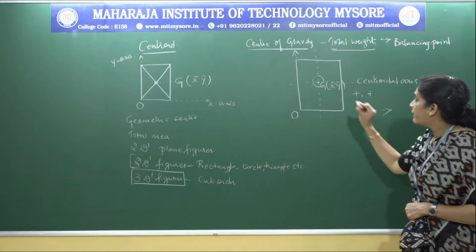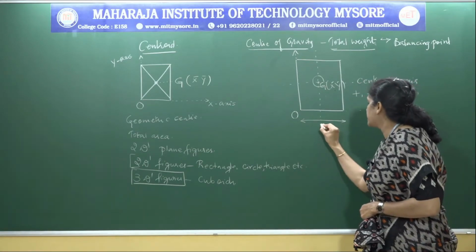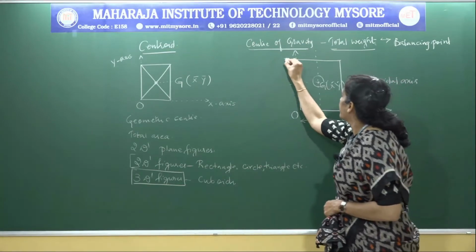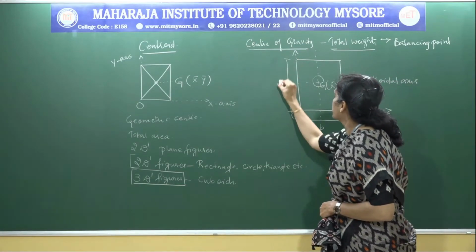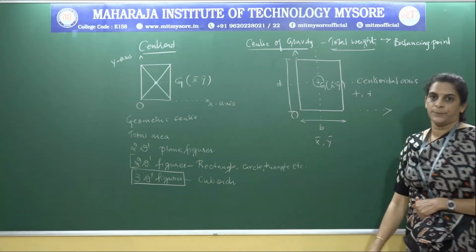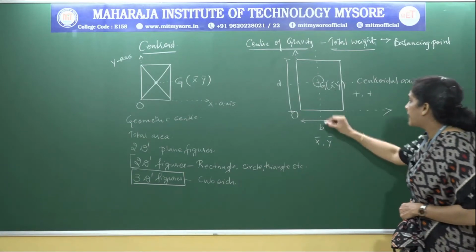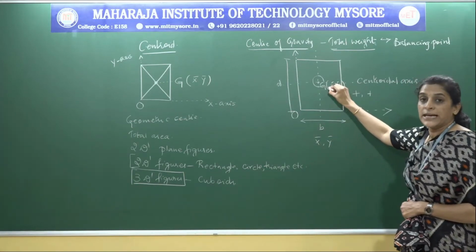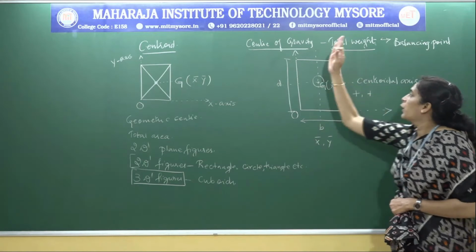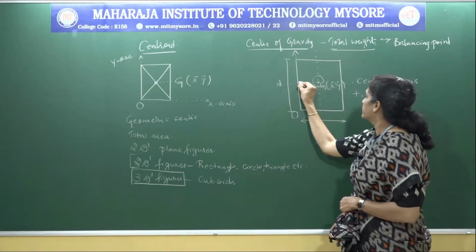Now if I tell the dimensions of this rectangle as b by d, then what are x bar and y bar? As discussed previously, x bar is the distance considered from the y-axis as the reference up till this point.